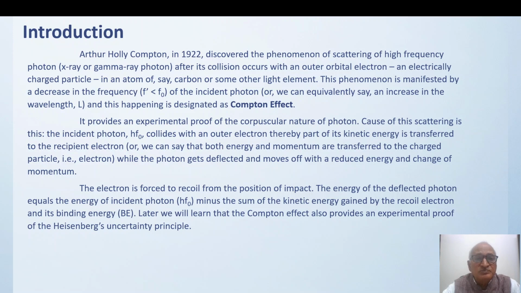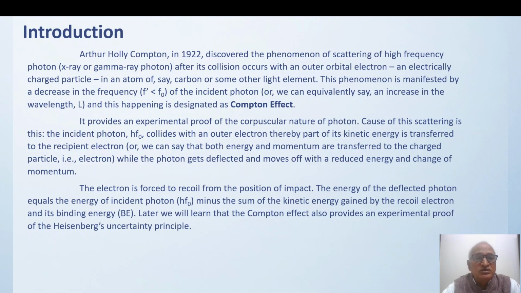Or we can say that both energy and momentum are transferred to the charged electron, while the photon gets deflected and moves off with a reduced energy and change of momentum.